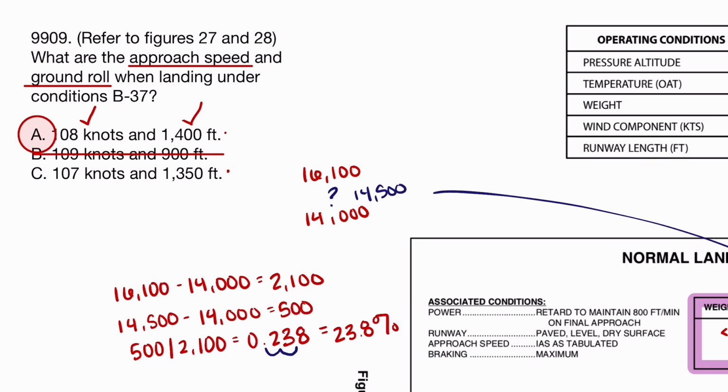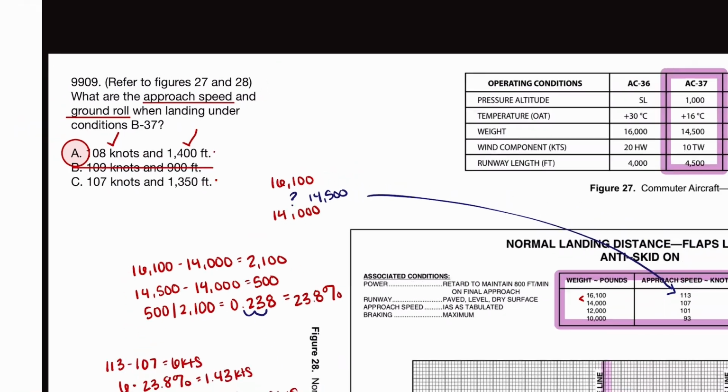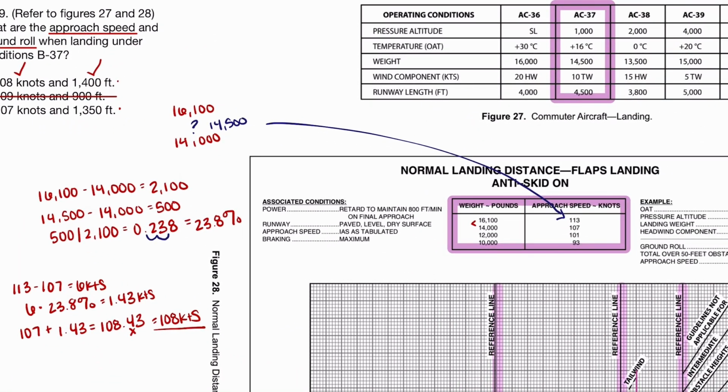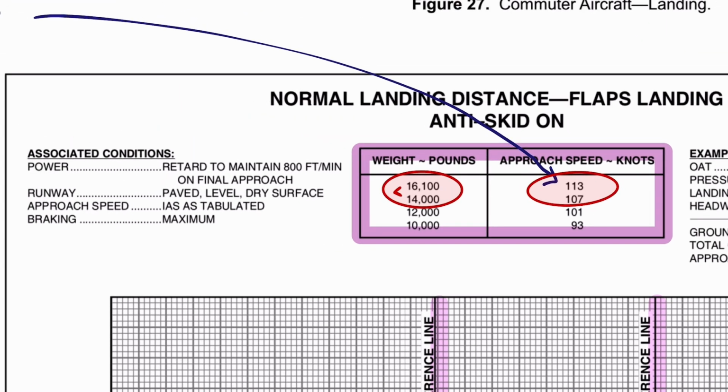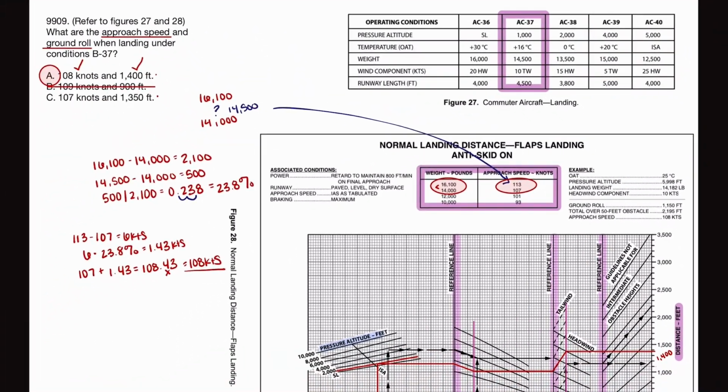And so you can see here that these answers are so close together that you have to interpolate, but in basic terms, you just need to figure out the percentage of difference that you need to add to this to get to your current weight, and then apply that same thing over on this side, and that will give you the speed that you need. And that is how you can use interpolation to figure out figures 27 and 28.